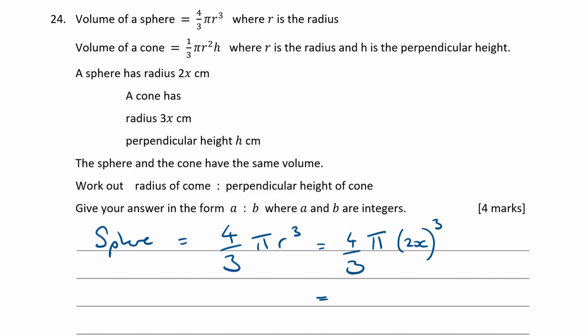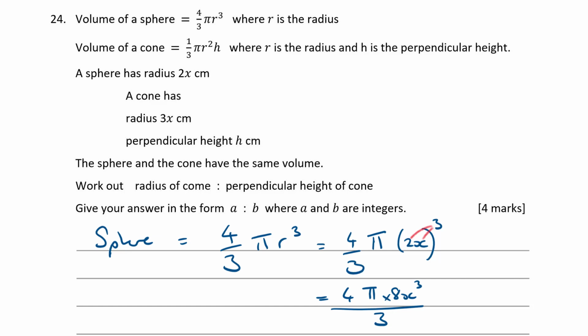What's that equal to then? When you cube something like this, don't forget to cube both parts. So that's going to be 8x cubed when I cube it. So that's going to be 4 pi times 8x cubed over 3.